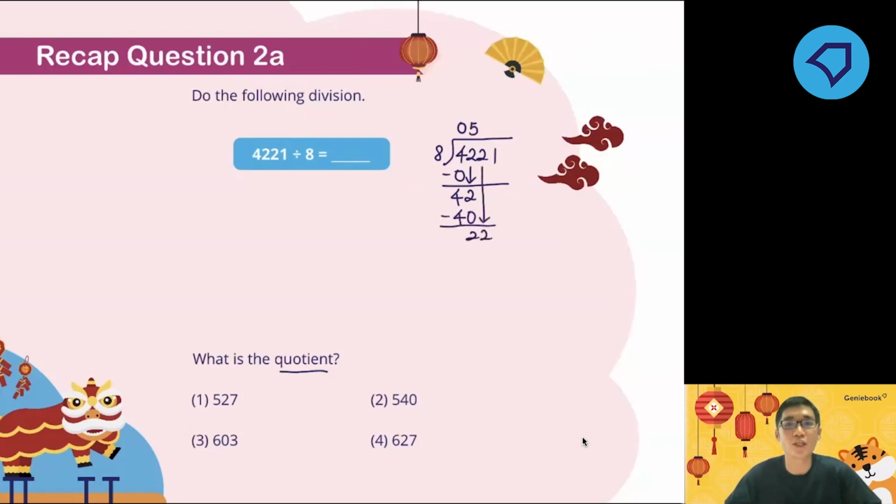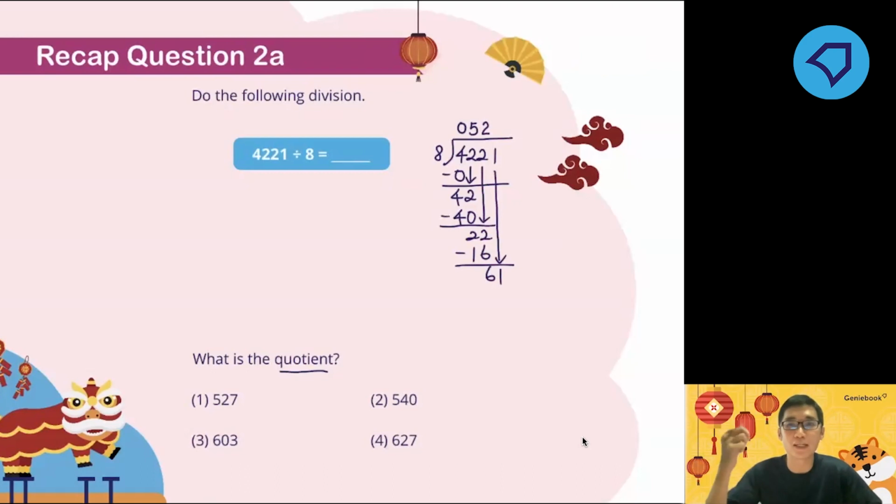Now we have 22 divided by 8. Again, what's the closest multiple of 8 over here? We have 16. 8 multiplied by 2 would give us 16. Subtract, and finally we bring down the last digit. So we have 61. Again, what's the closest multiple of 8?